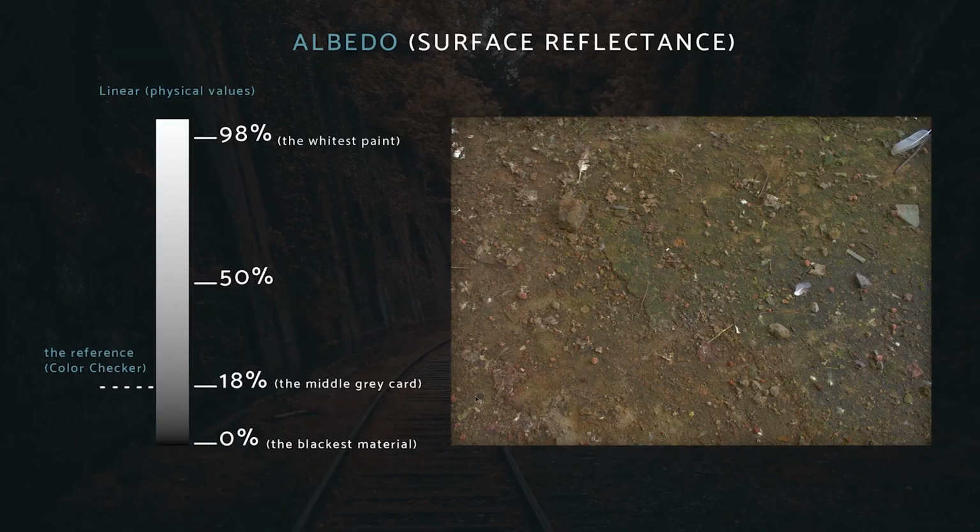The albedo is the surface reflectance of the material, which can be as low as almost 0% for the darkest material possible, and as bright as 98% of the reflected light in the case of some very, very bright material indeed. The albedo isn't meant for direct viewing. For example, what looks like middle gray is actually just 18% of the surface reflectance.